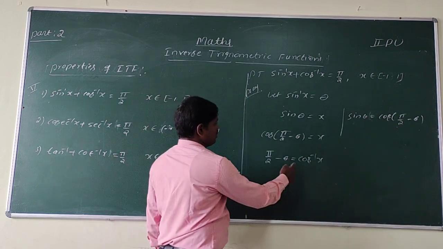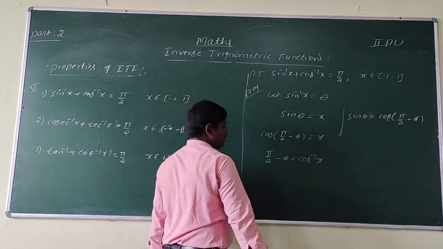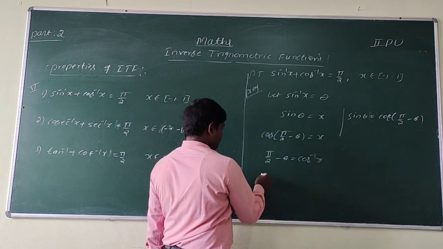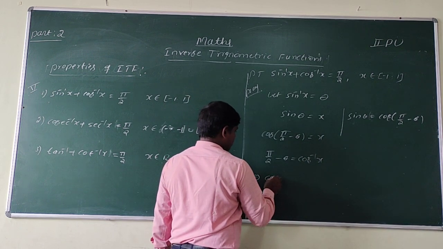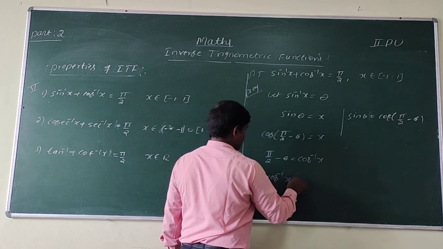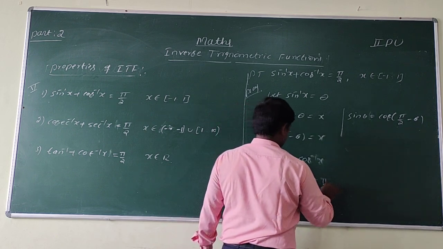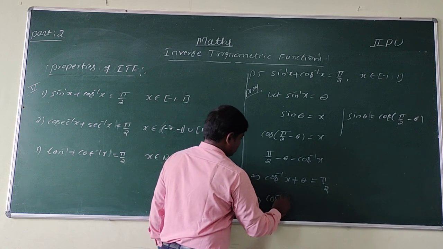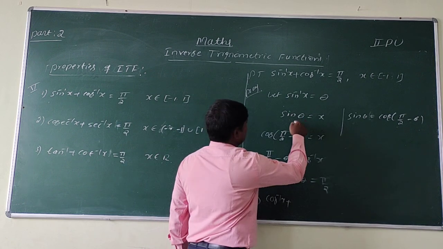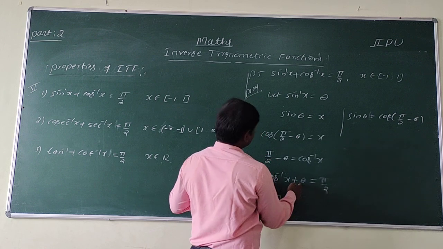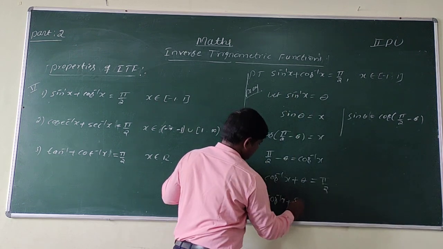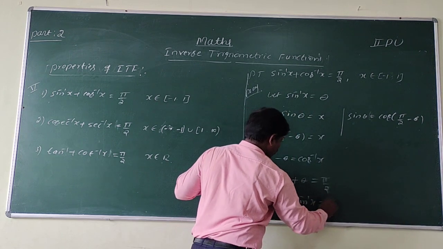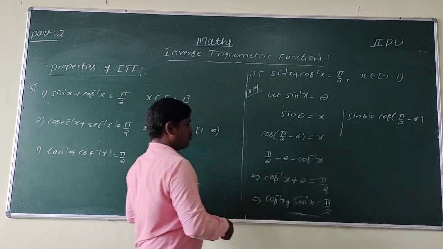Taking pi by 2 minus theta to the other side, this implies cos inverse of x plus theta is equal to pi by 2. Since theta is equal to sin inverse of x, sin inverse of x plus cos inverse of x is equal to pi by 2. So this is the proof.